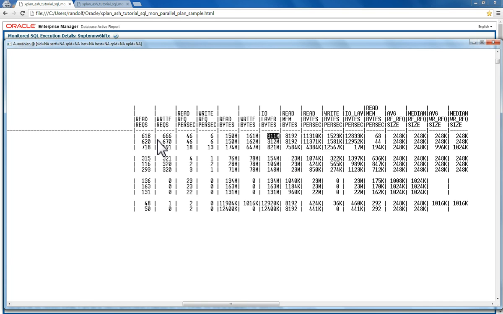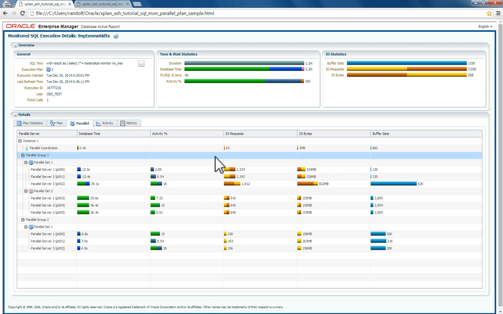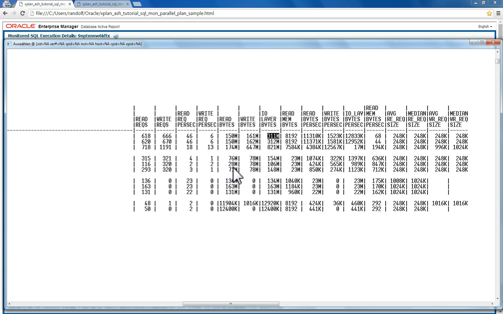Yeah, and we have here different figures like number of I/O requests, amount of I/O read and writes, and from 12c on we even have this buffer cache logical I/O information, read mem bytes here called, because it's only about what is about the buffer cache.